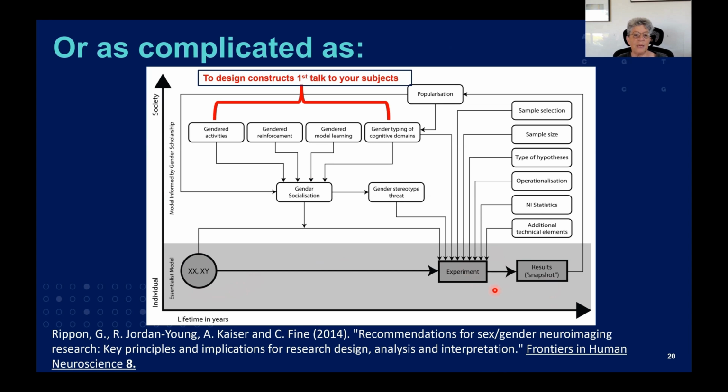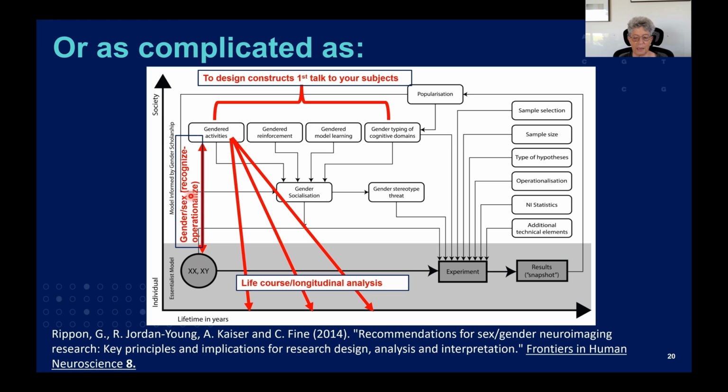But if we include gender sex for real, that is the ways in which society and the individual body interact, the first thing to do would be to take into account these various aspects of gender sex at the social level, gendered activities, gendered reinforcement, model learning, etc., and to design constructs for measuring these things by first talking to the subjects. This then is a way of recognizing and operationalizing gender sex, that is the interaction between the body itself and gendered activities. So there's a feedback between these two that is gender sex.